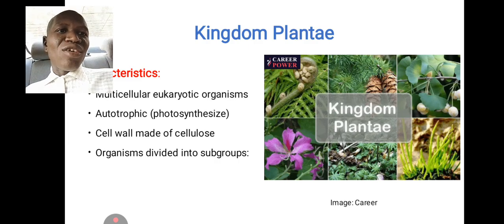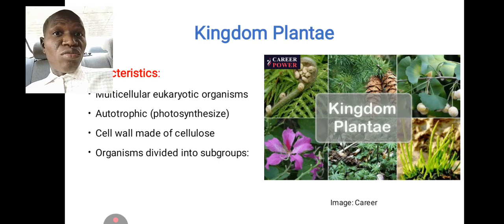So under kingdom Plantae, plants are eukaryotic organisms. They have eukaryotic cells, that is, they have a nucleus too, just like Protista and fungi. So they are autotrophic. You remember mode of nutrition?